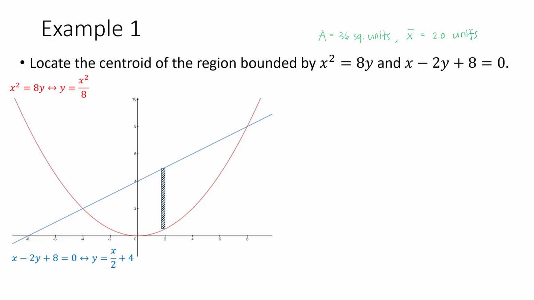So let's write down what we have answered so far. This time we're going to solve bar y. The formula is in this format, y sub c and then dA. Since we're using the vertical strip, this can be further defined as bar y times the area is equal to the integral of y sub c multiplied by y top minus y bottom dx from x1 to x2.